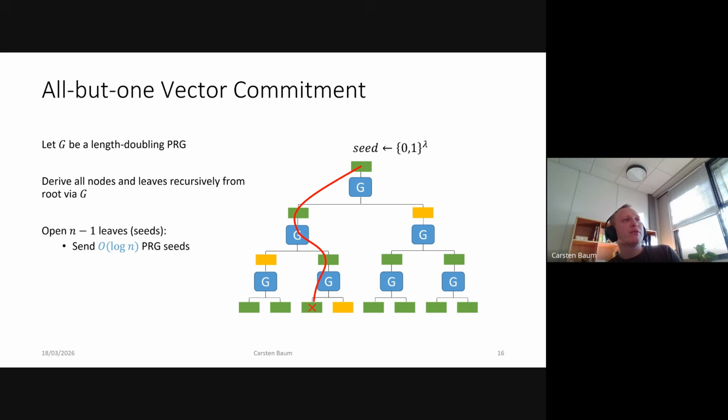So whenever you go down a level, you look at the sibling node to the node that is on the path, and you reveal all of these. So in order to reveal n-1 leaves, I only need to send you log n seeds. So this is how I get all of these PRG seeds to somebody.